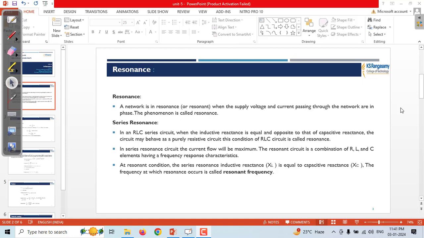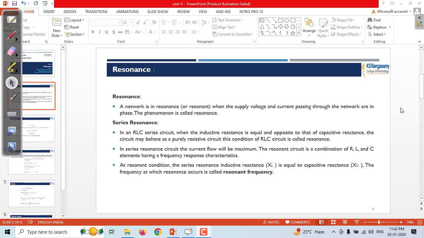Resonance occurs when, for a particular frequency, the capacitive reactance and the inductive reactance are the same but in opposite directions, so they cancel each other. The remaining element is purely resistive, and for a purely resistive element, the voltage and current are in phase.